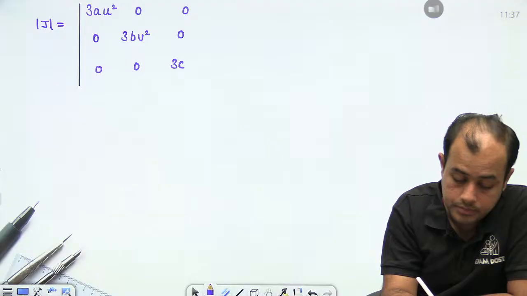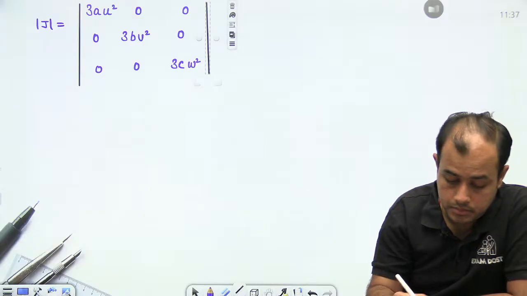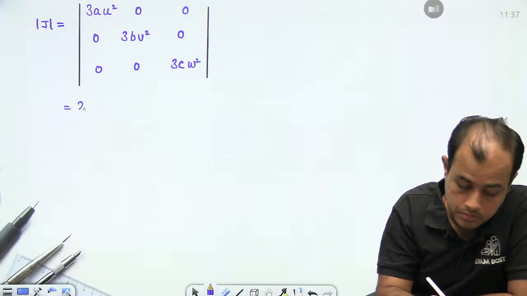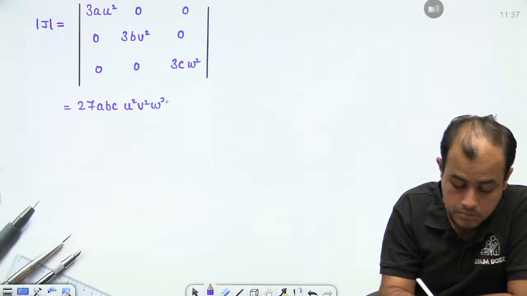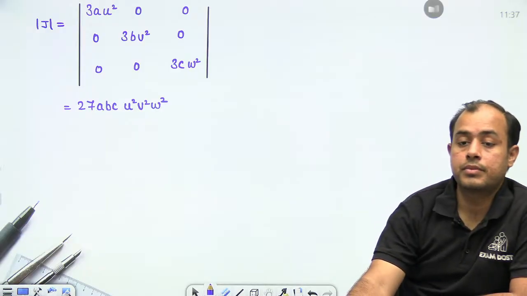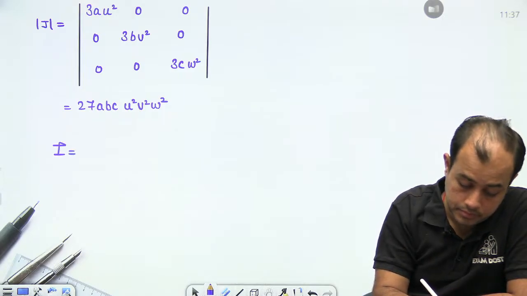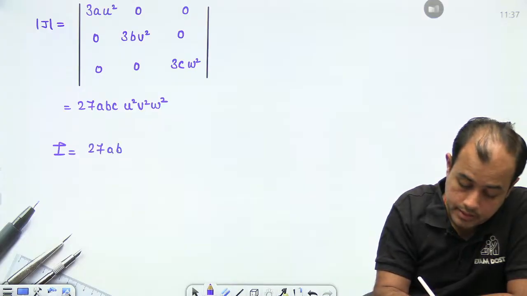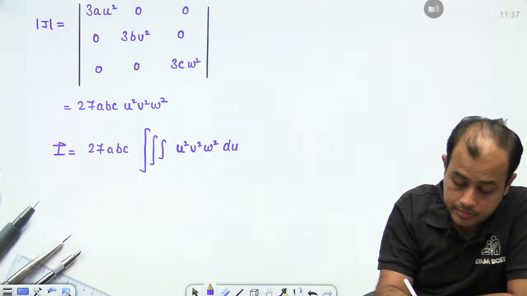Similarly for the others, this will be the value, 27abc. Now, how to calculate this volume integral over a sphere?